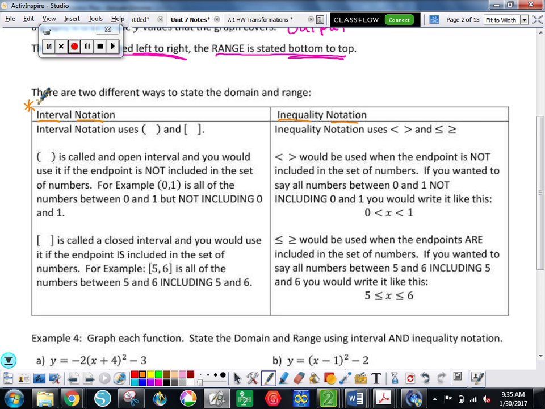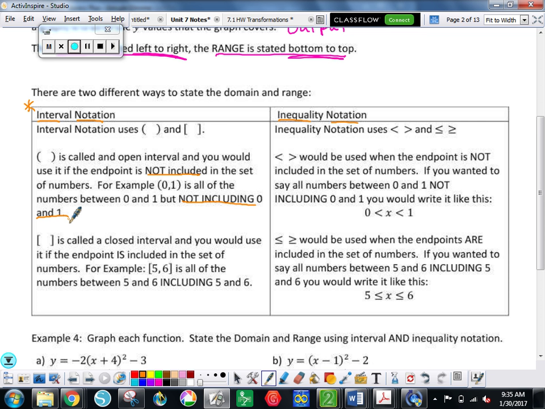Interval notation uses open parentheses and closed brackets. The open parenthesis is used if the endpoints are not included in the set of numbers. For example, if I say the numbers from 0 to 1, it is all the numbers between 0 and 1, not including 0 and 1. So I'd use open parentheses if I'm not including the 0 and 1.